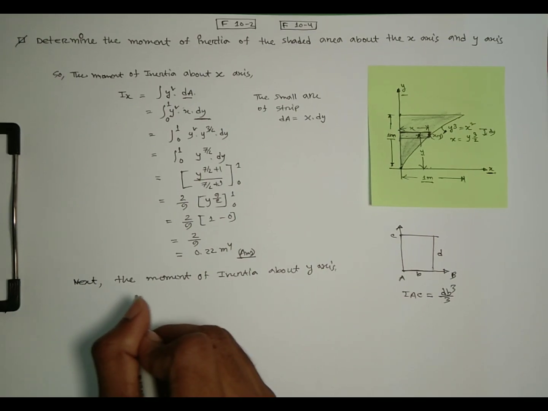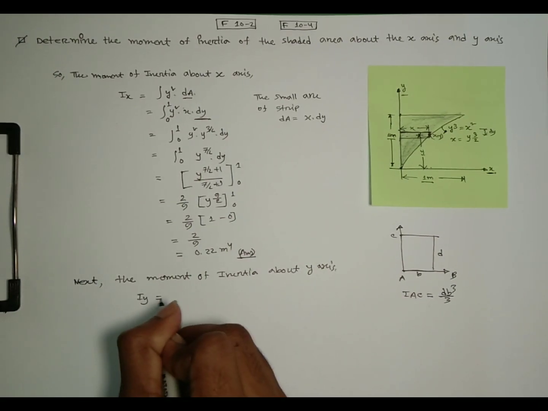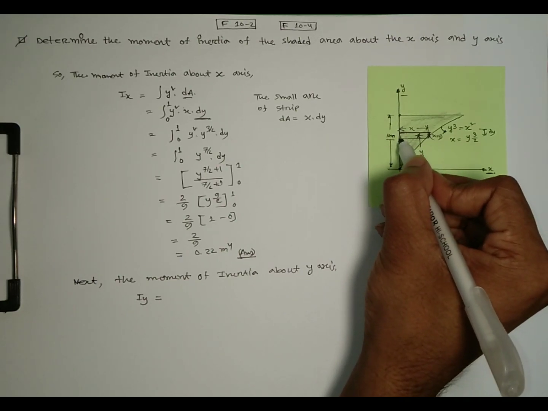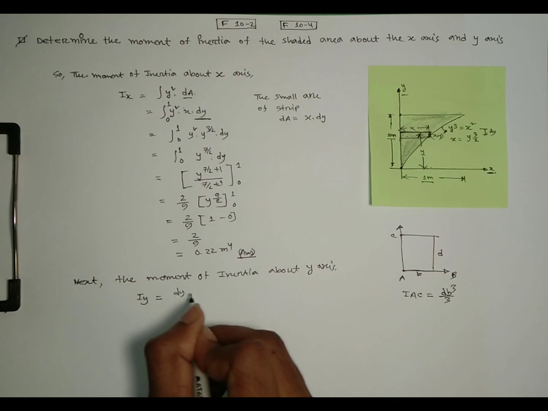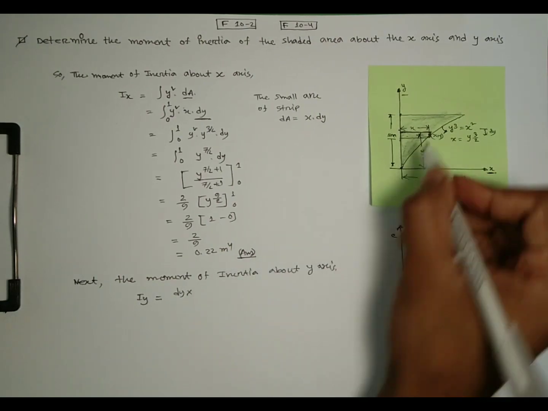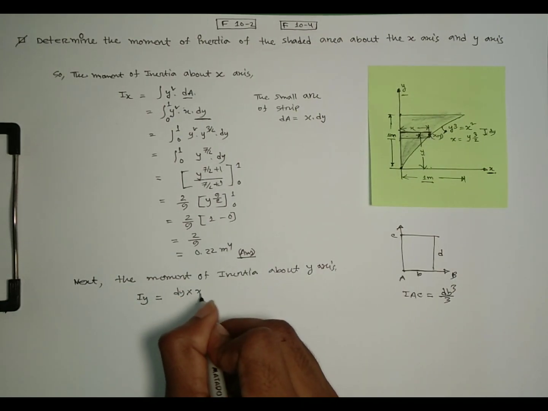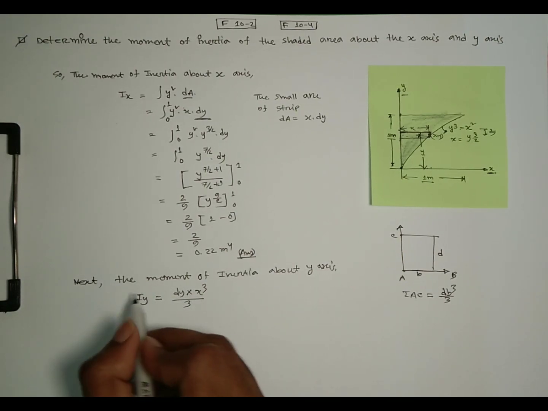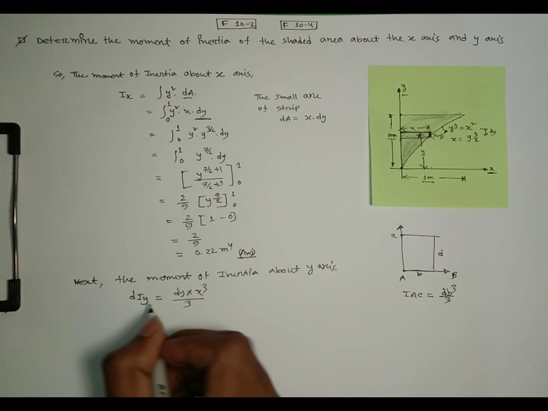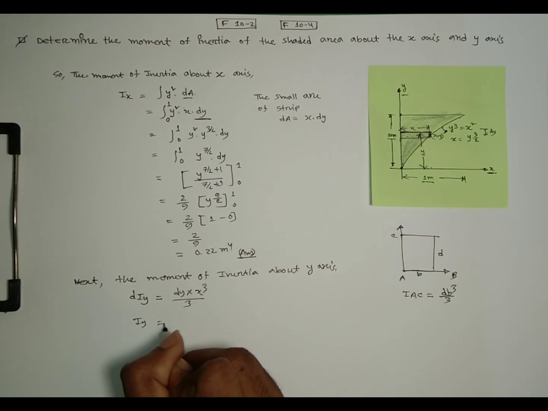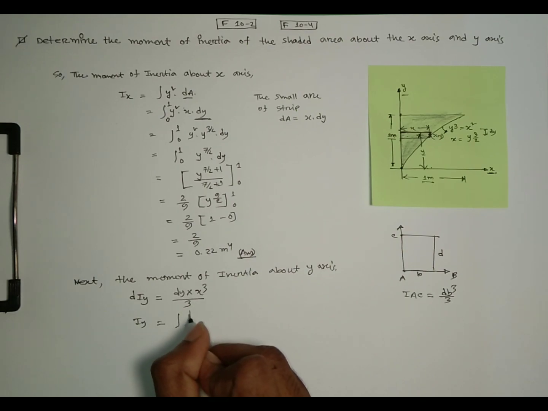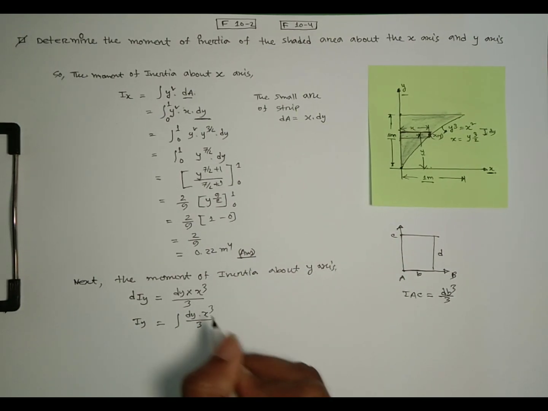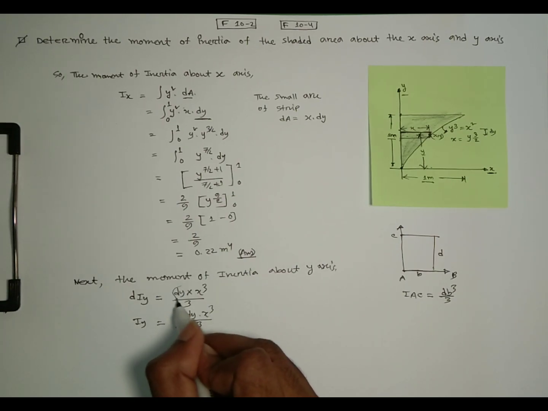So the moment of inertia about the y-axis, Iy, equals dy into x cubed divided by 3. This will be dIy. Now integrate dy x cubed divided by 3. The limit will be with respect to dy.